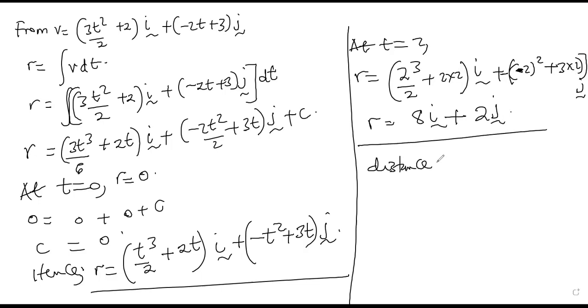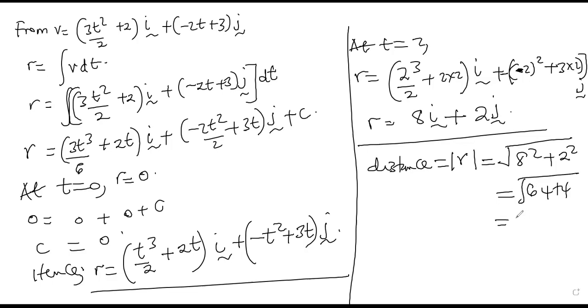Distance is the magnitude of R, because it must have only magnitude, so it is the square root of 8 squared plus 2 squared. So it is 64 plus 4, the root of 68, 8.25 meters.